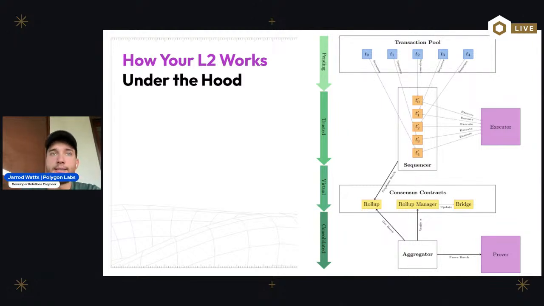So users, instead of waiting in an optimistic solution, where you might typically have to wait 7 days using the standard bridge. There are ways around it with third-party bridges where you can get your funds quickly. But with the standard bridge, you have to wait for that 7-day waiting period for your transactions to actually go through to the L1, or withdraw your funds to the L1, I should say, sorry.